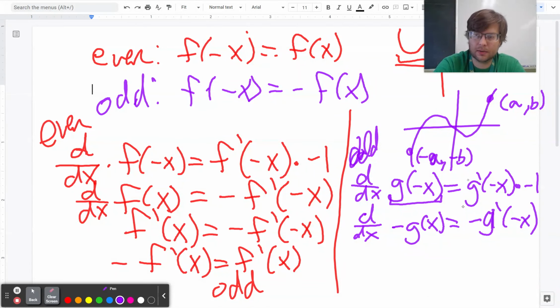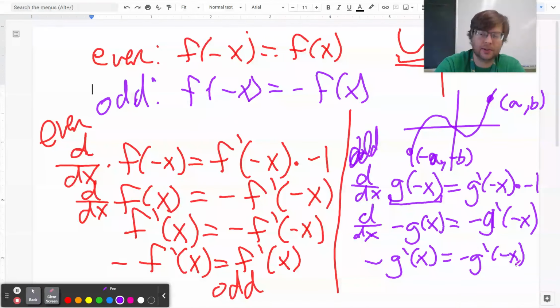I just move the negative 1 in front on the right side. Now the derivative there is just g prime of x. So both sides have a negative 1, and you can divide by negative 1 to get g prime of x equals g prime of negative x, which is an even function.